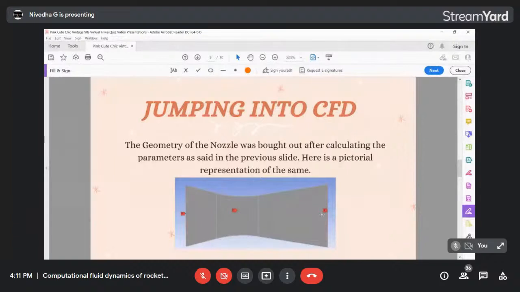So you divide them into 4 portions for the ease of the software. Okay, that comes to your geometry. I am not getting into the working of the software. I'm just getting into the very basics of CFD and how I made a nozzle. That's it. It's just that basic.